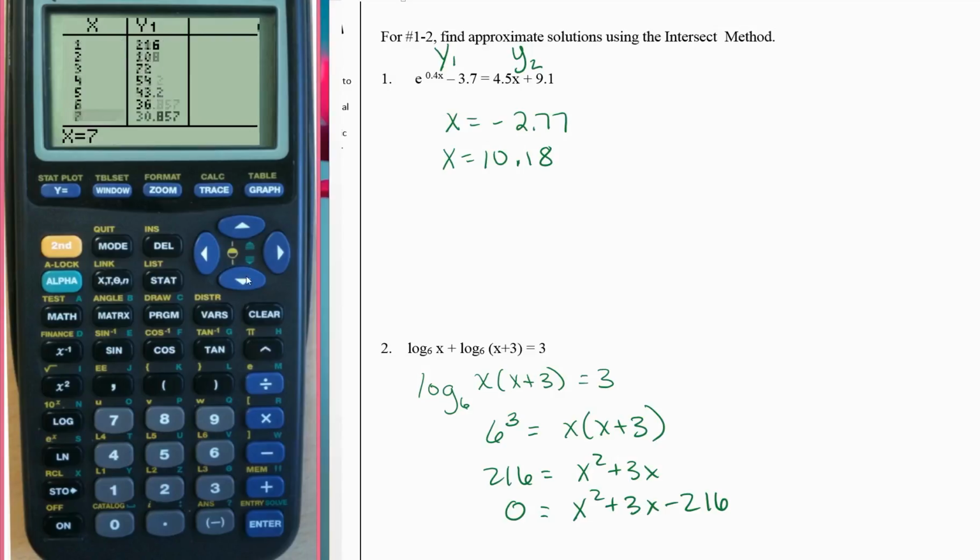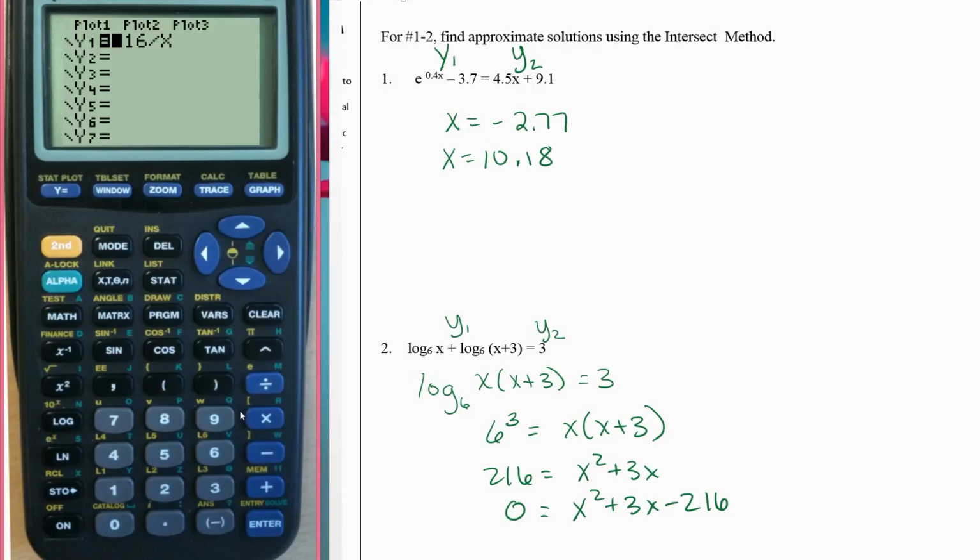It looks like we're going to want pretty big numbers so that they're close to each other. 12 and 18, close but no. And it doesn't look like we actually get any factors, so we're not going to be able to easily factor this. We could use the quadratic formula or something like that, but let's go ahead and do this on our calculator. So we're going to put this in y1 and this in y2.